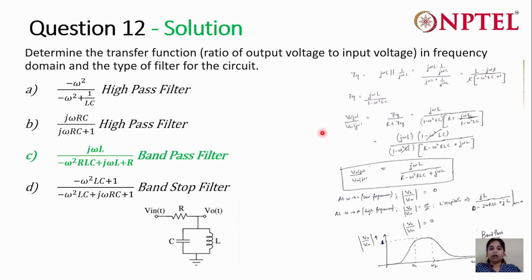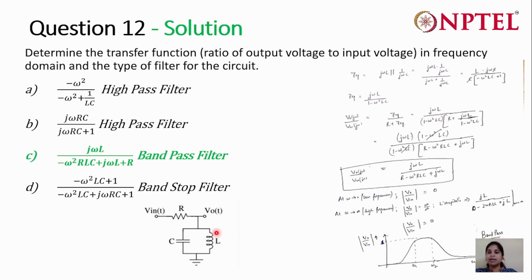Now the output is across this parallel combination of capacitance and inductance. So V naught is Vi into Z equivalent divided by R plus Z equivalent. That is, the impedance across which we are going to measure the voltage, divided by the total impedance.